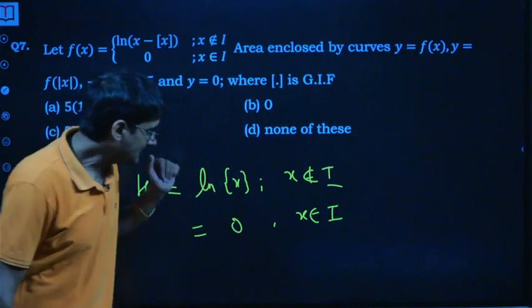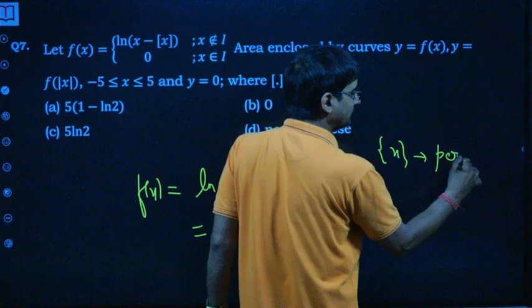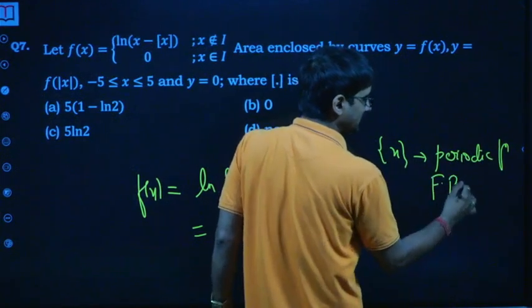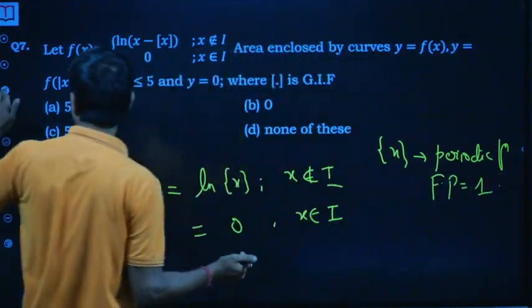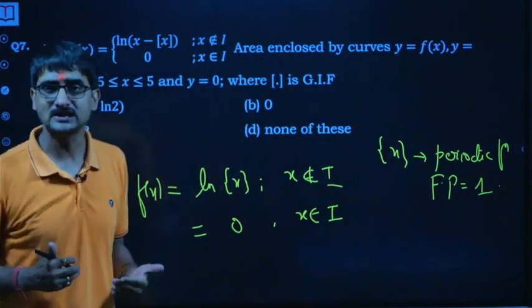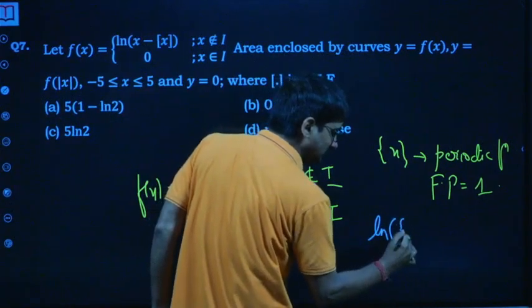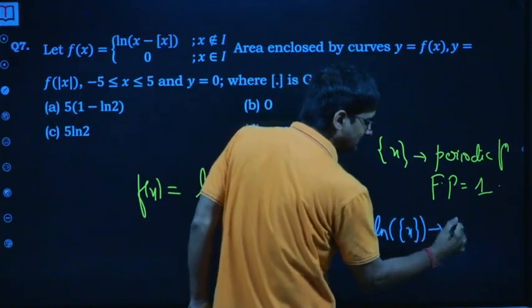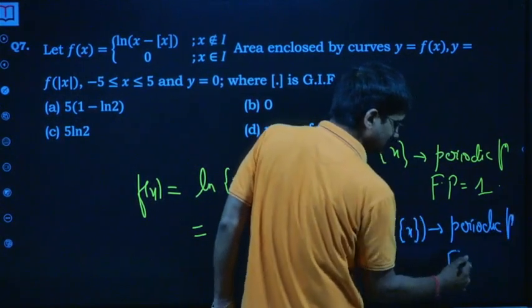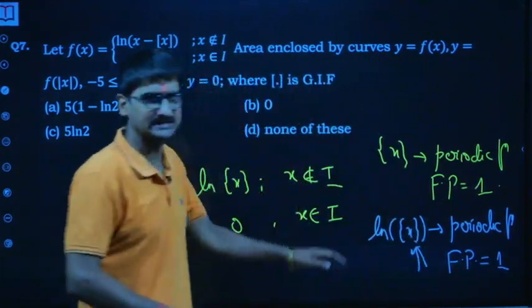Now, we know that the fractional part of x is a periodic function with fundamental period 1. All of you agree? And then we have a property which says that if we put a periodic function inside a non-periodic function, that is again a periodic function. Hence, by that logic, ln of the fractional part of x is again a periodic function with the same fundamental period as that of the fractional part of x, in this case at least.